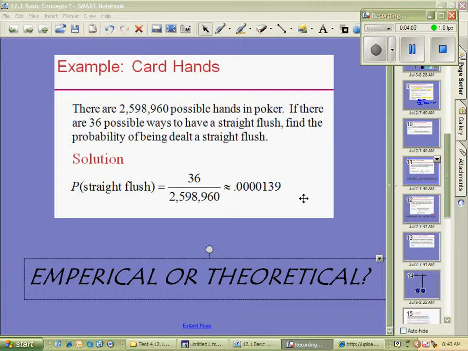It's not equally likely you're going to get a straight flush as it is that you're going to get a full house. It's not equally likely that you're going to get a pair as you are going to get a straight flush. So in this case, this is going to be empirical or experimental, because empirical and experimental are the same thing. So just keep that in mind. Not equally likely. That's the key thing.